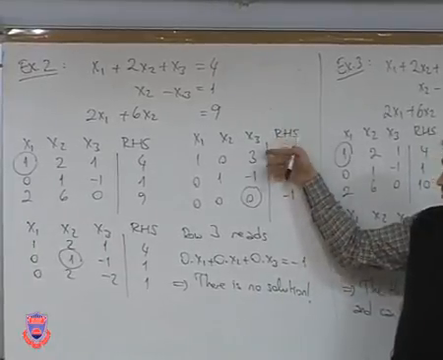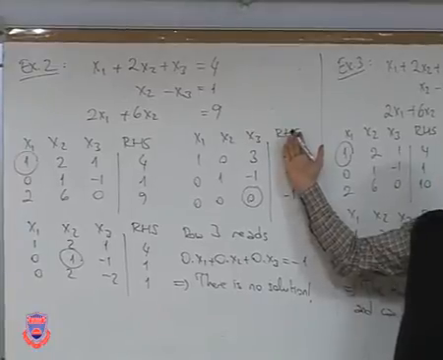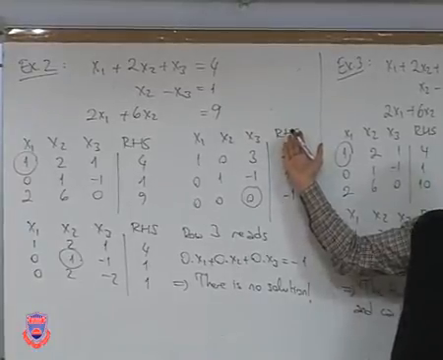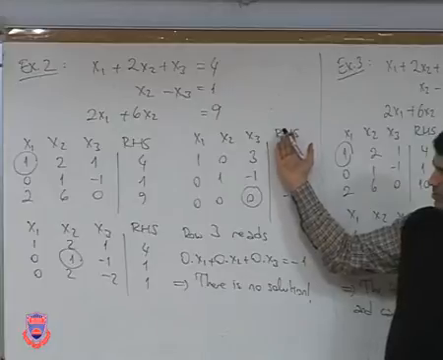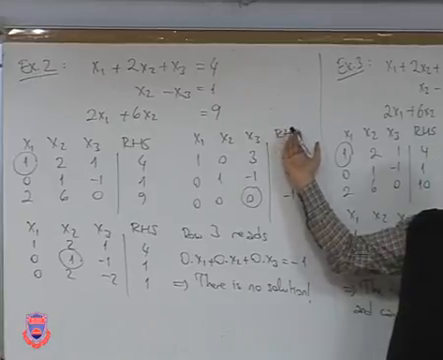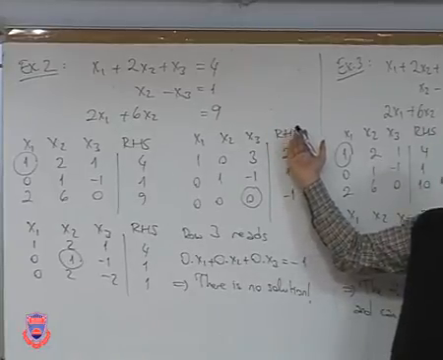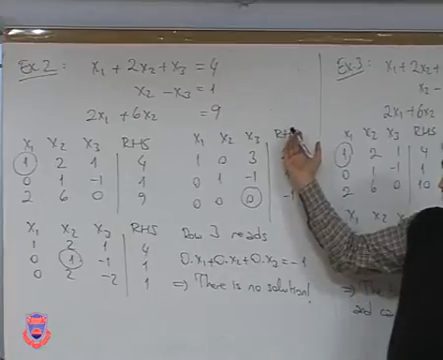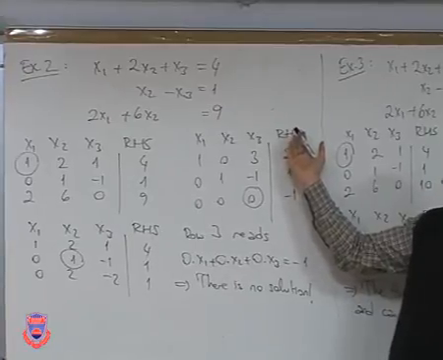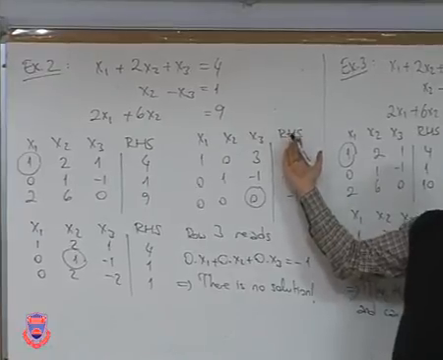How many linearly independent rows do I have in this? I have only 2 of them, right? So what's the rank of this matrix? The rank is the number of linearly independent rows, basically. So the rank is equal to 2.